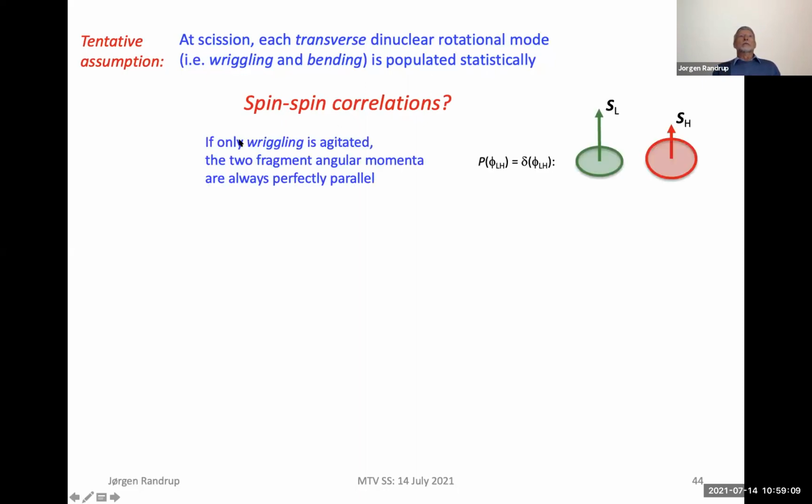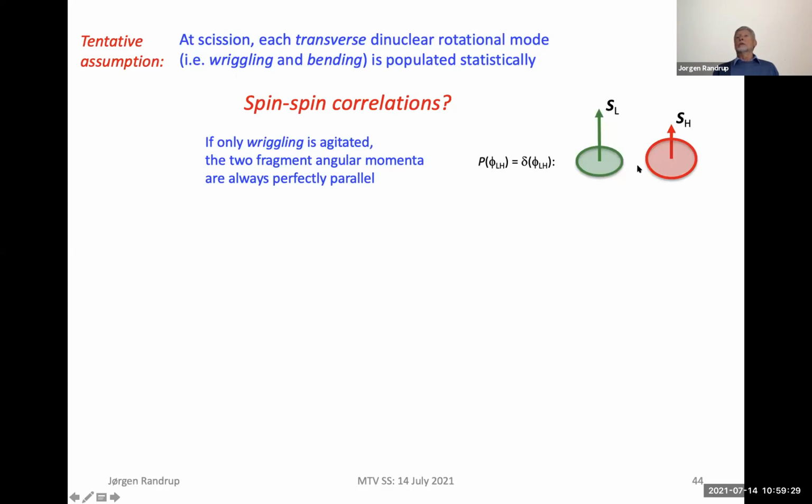This is clear if you agitate, for example, only the wriggling mode, the one where the two fragments rotate in the same direction. Like here, the light fragment has the angular momentum here, then the heavy fragment also has angular momentum here. They're completely parallel.